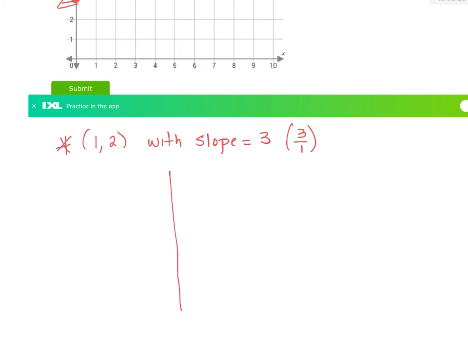So we would go to our graph, go to 1, 2, which is a point right here, and we're going to rise 3, 1, 2, 3, and we're going to run 1. So we go up 1, 2, 3, and over 1. There's another point, and you connect. And that's all there is to it.